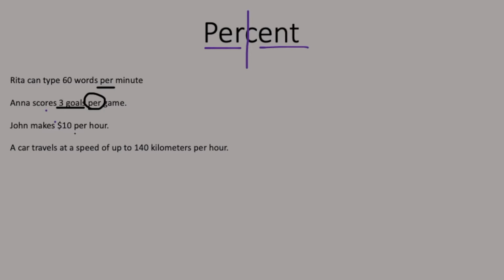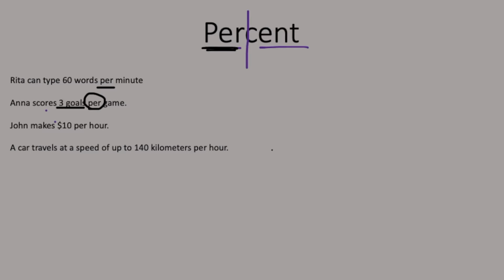Okay, so it's basically comparing 2 units to each other, right? Sounds very similar to things that we've already done in the past when you talk about ratios. So we're comparing those 2 different units.